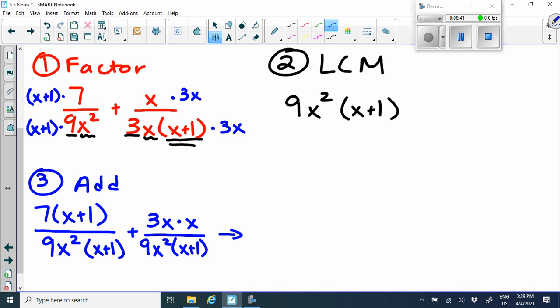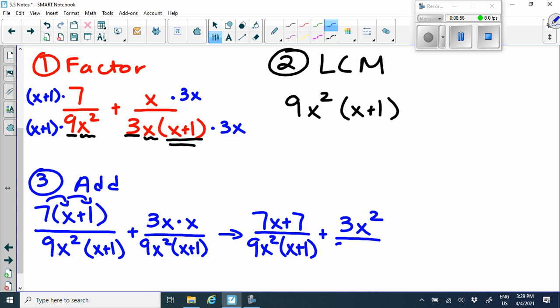So I do my 7 times the x and the 1, so I get 7x plus 7 over 9x squared times x plus 1, plus I do 3x times x, so that gives me 3x squared, over 9x squared times x plus 1.